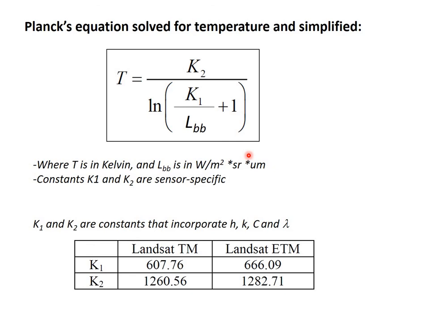For example, if you're working with Landsat thematic mapper or enhanced thematic mapper, you can use this equation where K1 and K2 are constants that incorporate Planck's constant, Boltzmann constant, speed of light, and wavelength. They're tuned to the exact wavelength interval for the thermal bands of thematic mapper and enhanced thematic mapper, so you can just plug right into this equation.